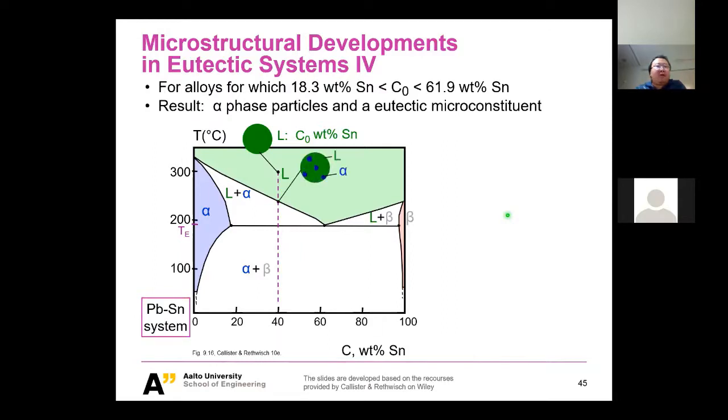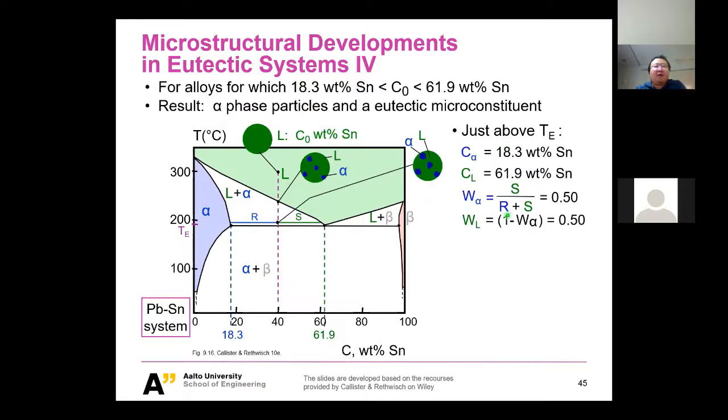I tried to plan again a little bit with the animation, so you can see how the different phases refer to different microstructures. We started from the pure liquid, and then we entered a mixture phase that's liquid plus alpha, so it's liquid and solid solution.